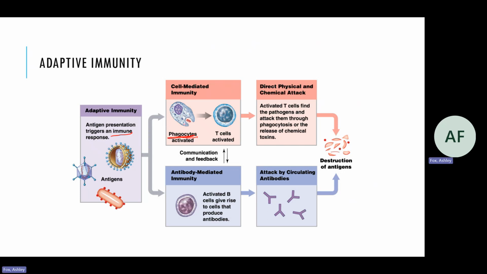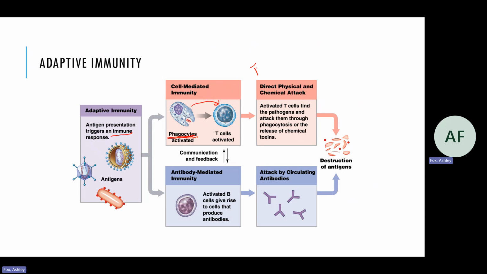We're going to talk about which phagocytic cells are antigen presenting cells in a little bit. But phagocytes are activated by the innate response, and then they will communicate to the specific response. So activated T cells are ones that kill, at least some of them. We'll talk about the three types in later videos.